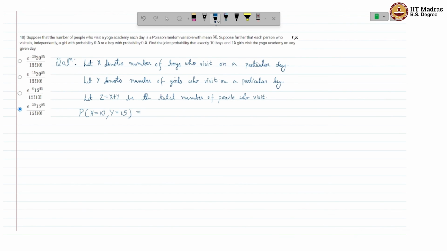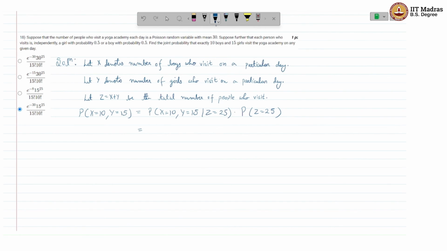So we can write joint as product of conditional and marginal. So this will be equal to probability x is equal to 10, y is equal to 15, given z is equal to 25 into marginal probability z is equal to 25.